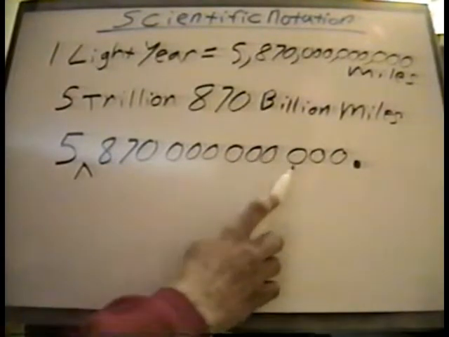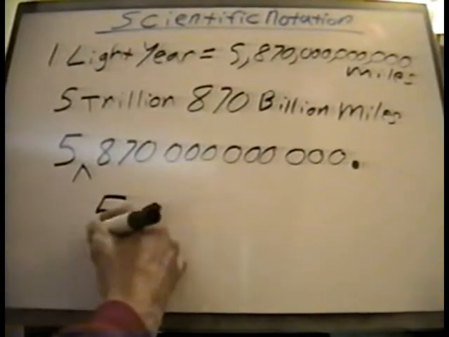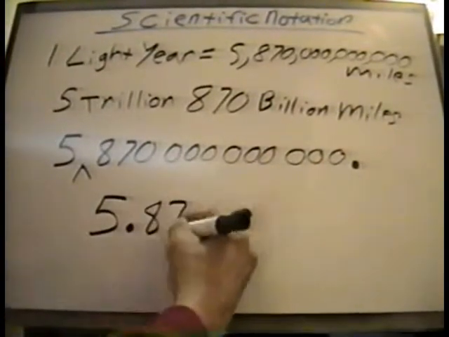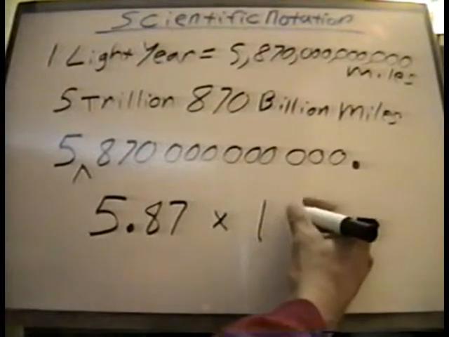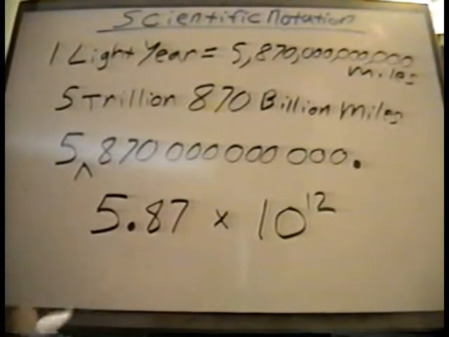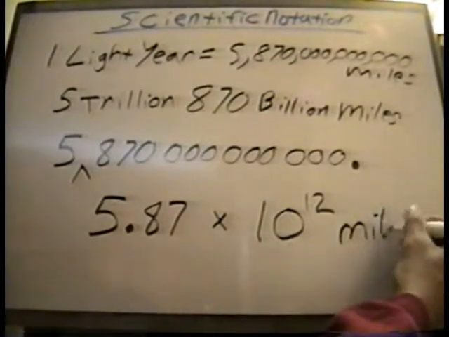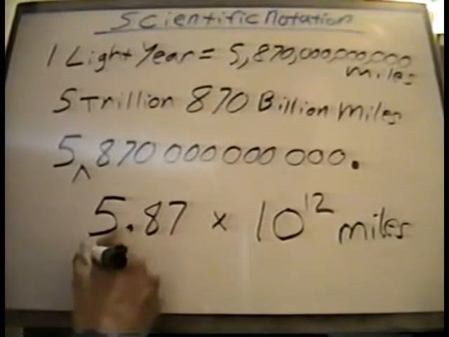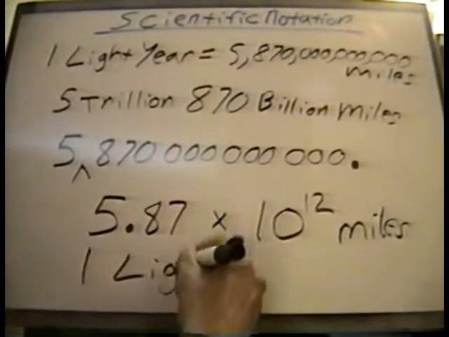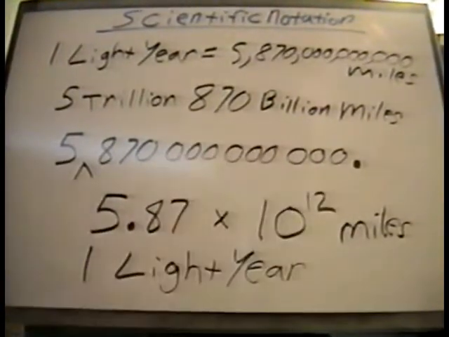Therefore, we get 5.87 times 10 to the power of 12 miles, which is a distance, which is 1 light year. The distance light travels in 1 year.